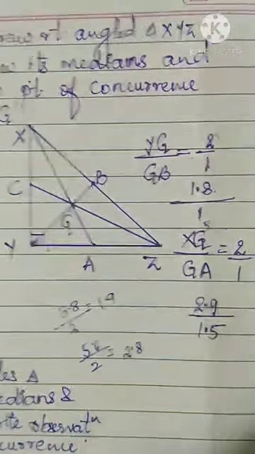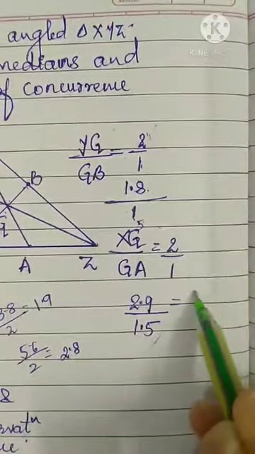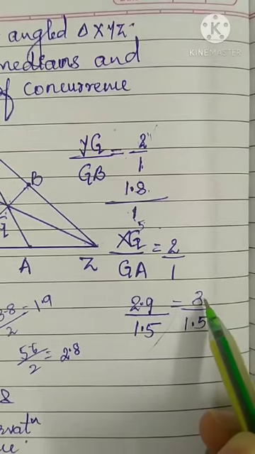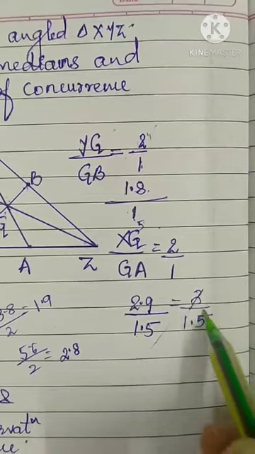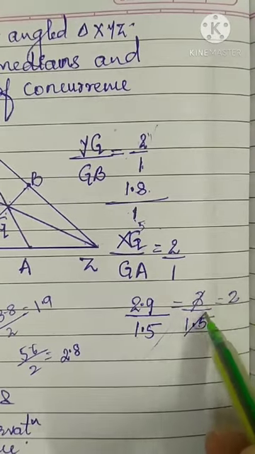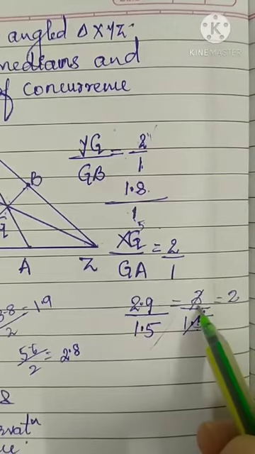Can you see, roughly 2.9 is nothing but 3, no? And 1.5. That means 2:1, double. 1.5's double is 3. 1.5 plus 1.5 is 3, no?